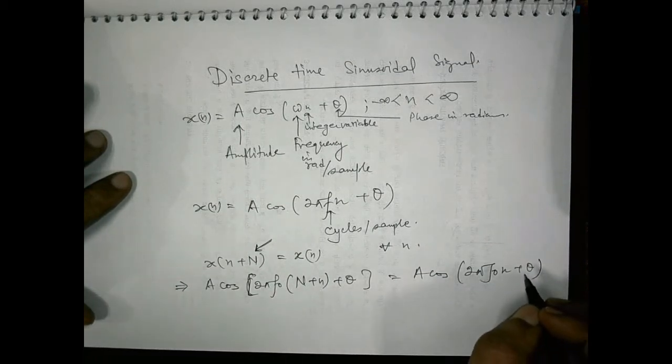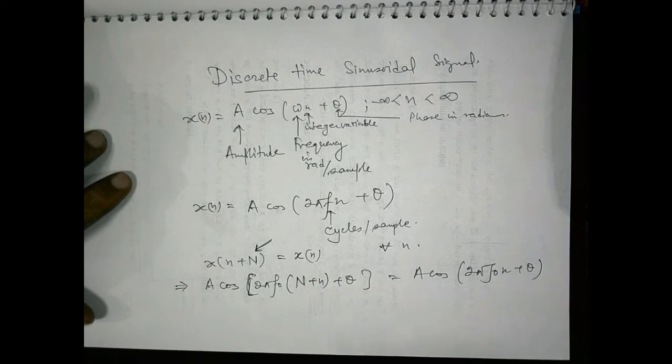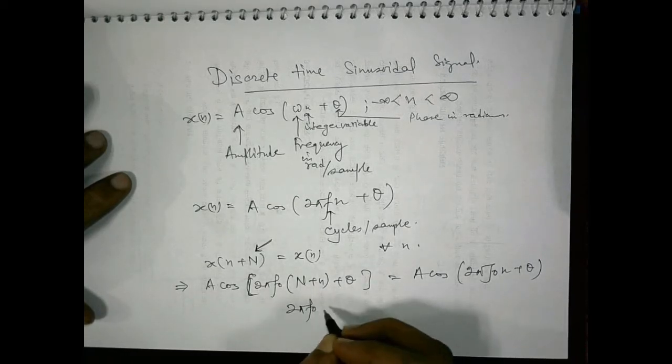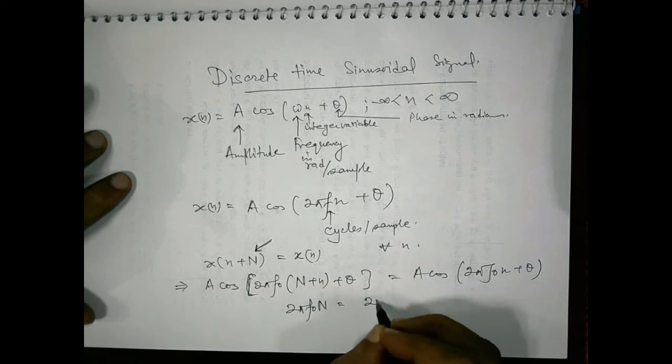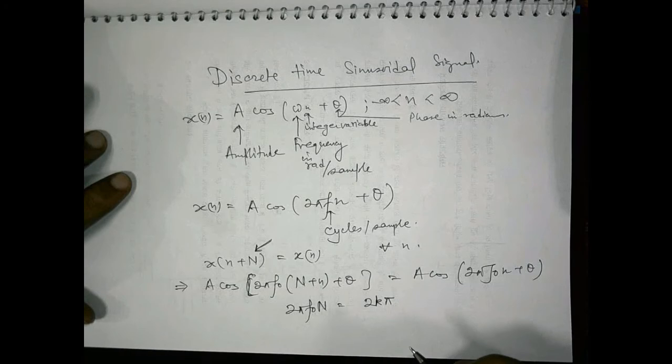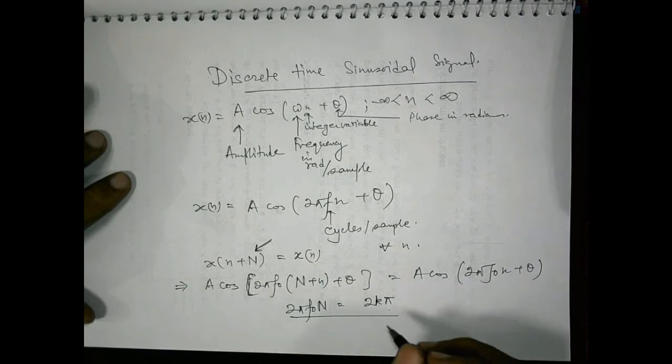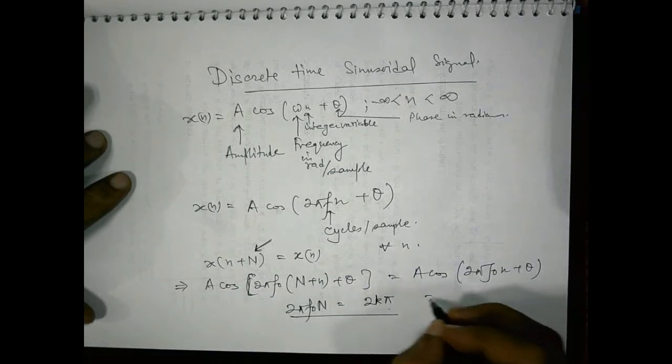equals A cos(2 pi f0 n plus theta) after the period. And this relation exists if and only if 2 pi f0 n equals 2 k pi, which means it is an integer multiple of 2 pi. If it is an integer multiple of 2 pi, only then this condition holds true. What does it indicate?